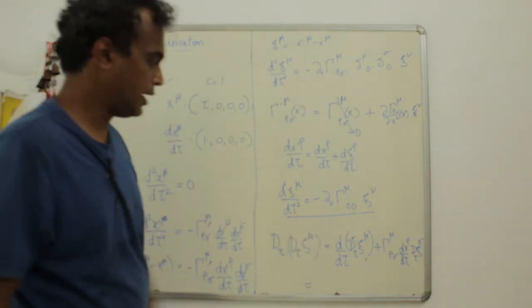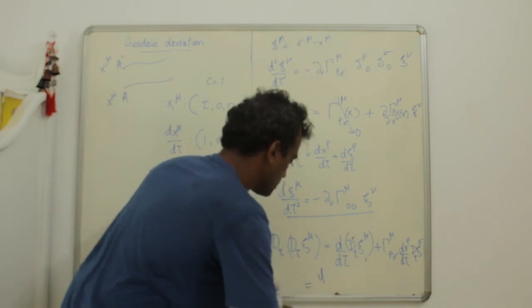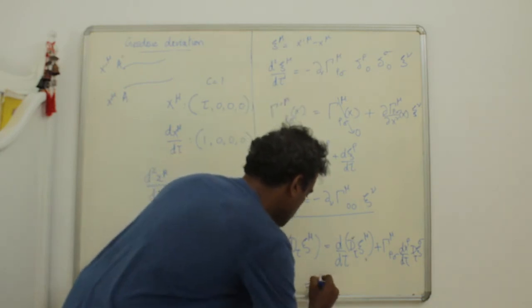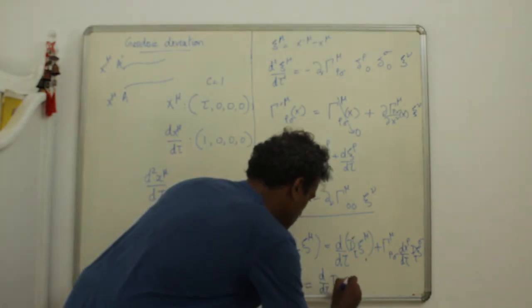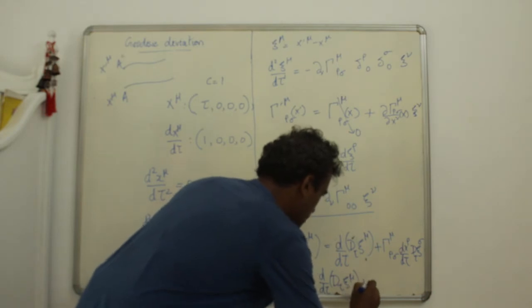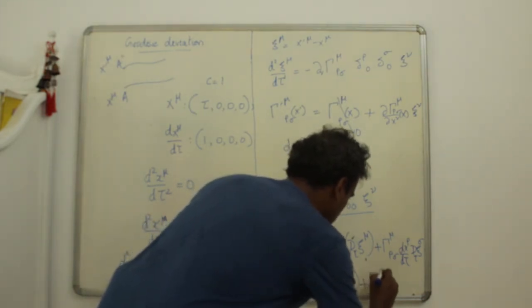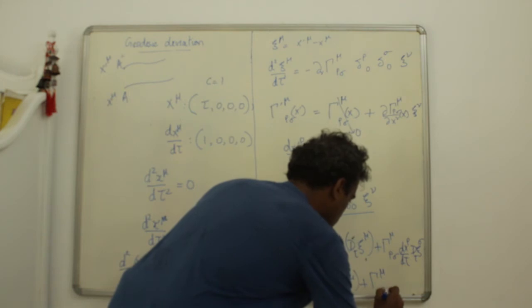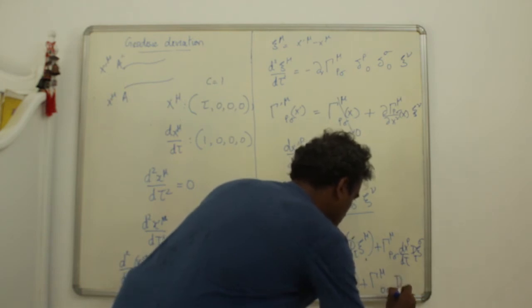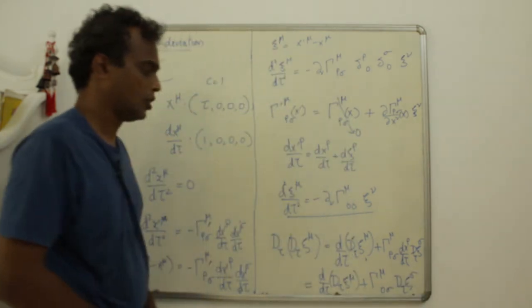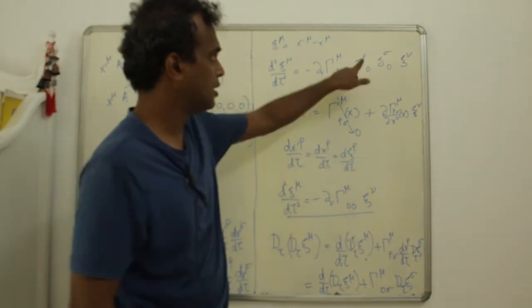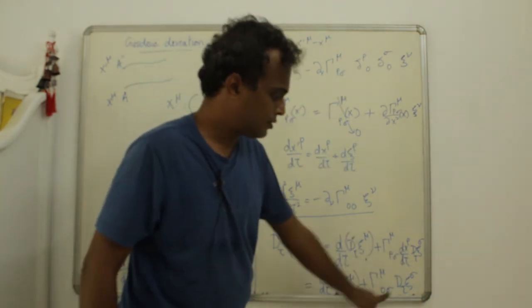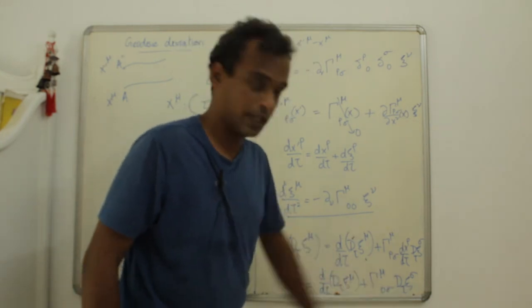And thus we could write this as d by d tau of d tau psi mu plus gamma mu 0 sigma d tau psi sigma. Observe that I have already made use of the fact that dx rho by d tau is delta rho 0 and then summed over rho to obtain the second term in this expression.